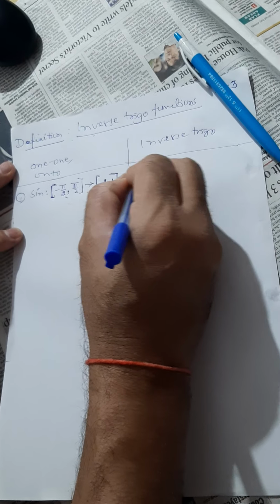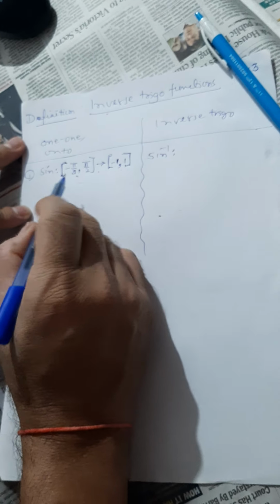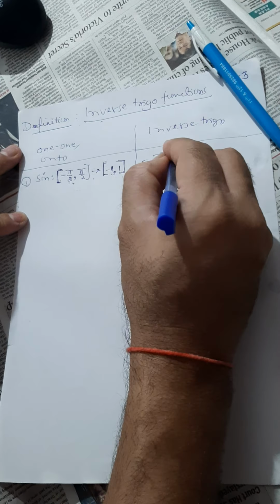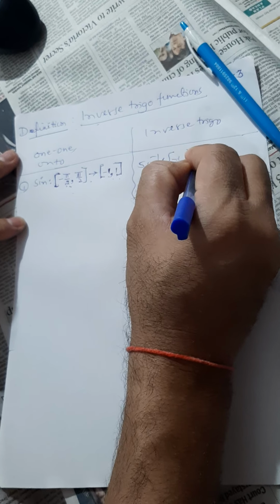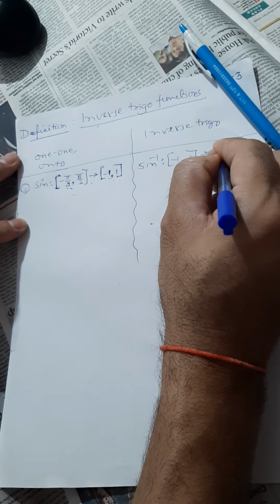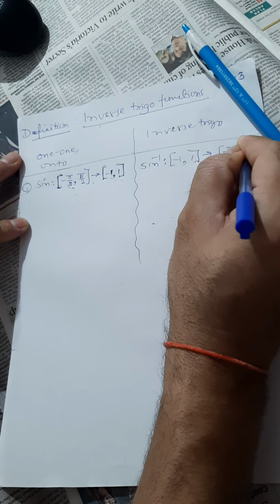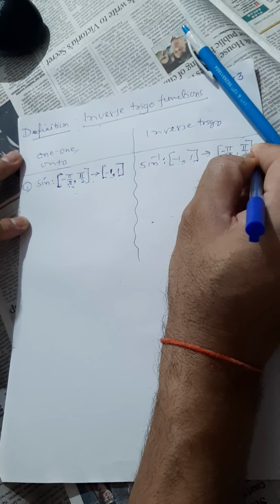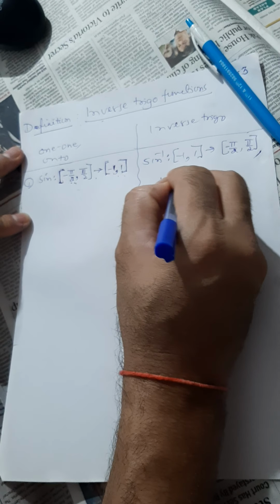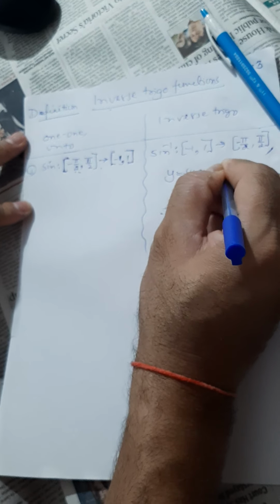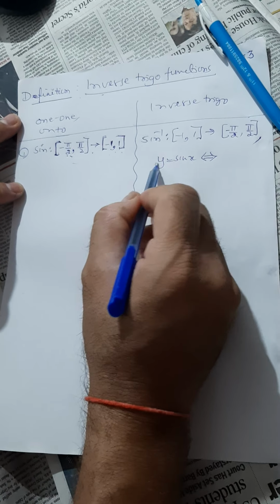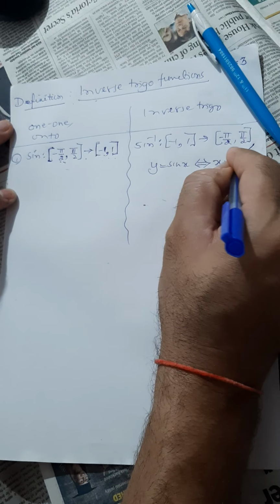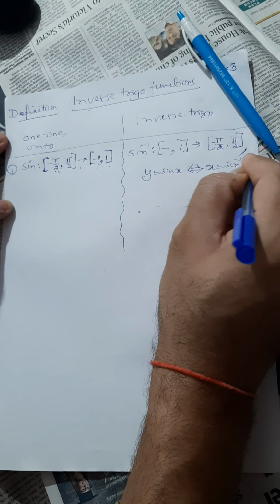So sine inverse will be a function from, if this is from x to y, it is from y to x. So -1 to 1 to the closed interval minus pi by 2 to pi by 2. And what is the definition? Definition is this: whenever y is equal to sine x, if and only if we interchange x and y, x equals sine inverse y.